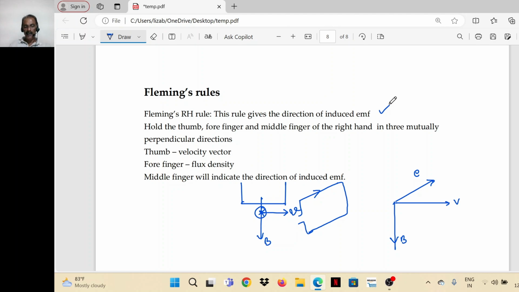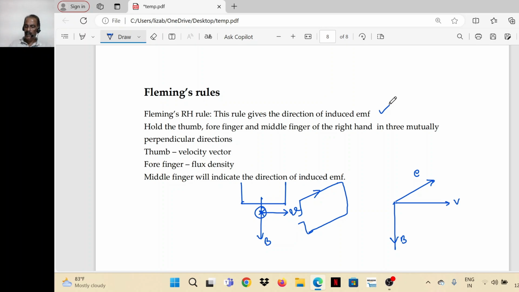When the thumb indicates the velocity vector and the forefinger indicates the flux density vector, then the middle finger will indicate the direction of induced EMF. So the right hand rule is always used for finding out the direction of induced EMF.